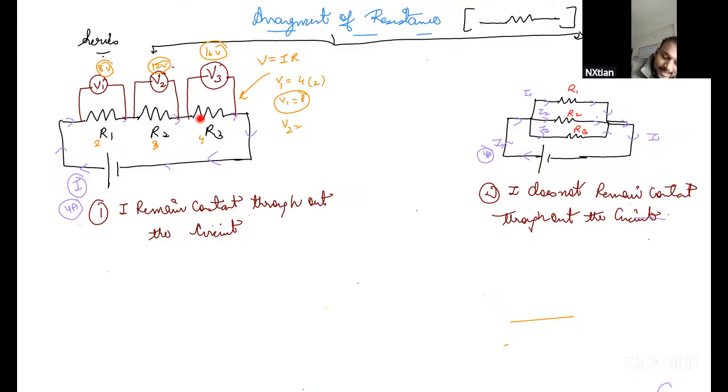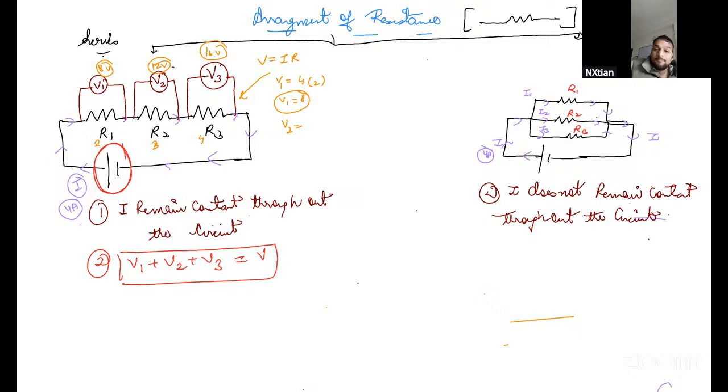But you will check that V1 plus V2 plus V3 is equals to V. Now what is V? This V is whatever the battery that we are applying in it, that is called the potential difference. It is like a 12 volt battery or 90 volt battery.